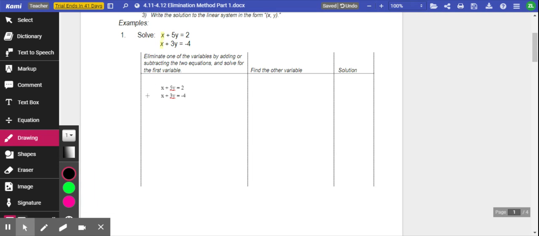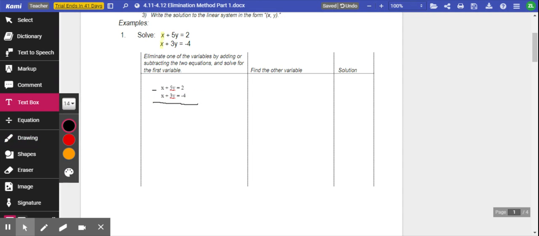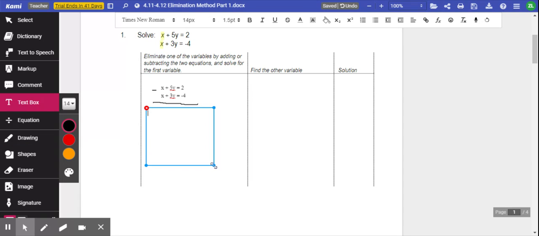So now in this case, we're actually going to subtract these two equations, just like we would in a regular subtraction method. And if we did x minus x, we'd have 0. And if we did 5y minus 3y, we'd have 2y. And then if we did 2 minus -4, we'd actually get 6.